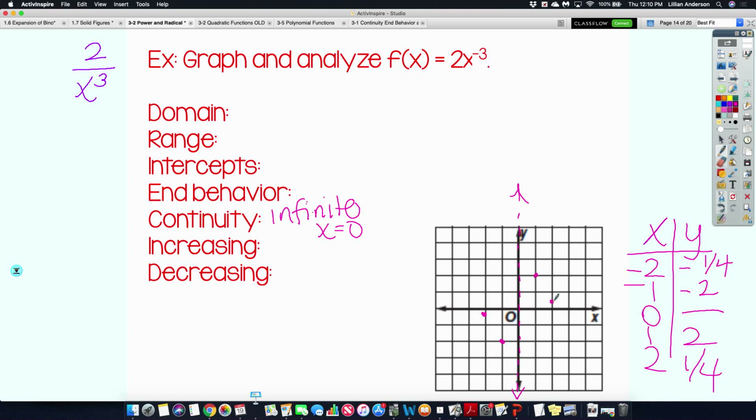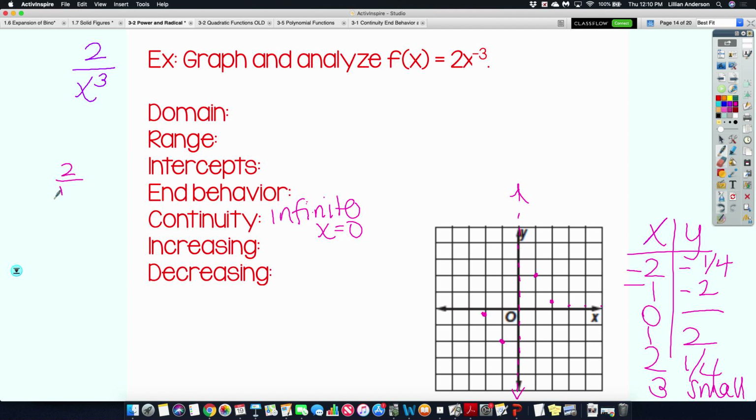What do you think is going to happen if I were to plug in 3? It's going to be a smaller number. Is it going to be small and negative or small and positive? Small and positive. And so it's going to keep getting closer and closer and closer to what number? 0. What's going to happen if I were to plug in 1/2 though?